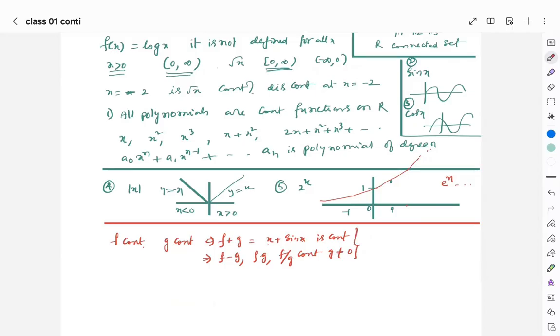For example, I can say 1 by sin x is continuous except at x equal to 0.